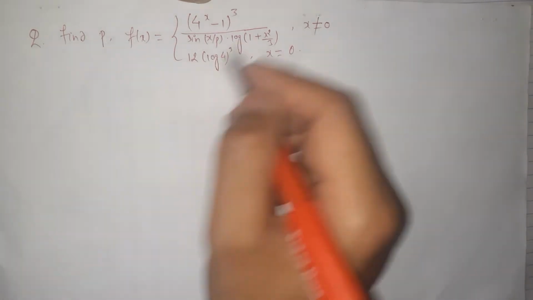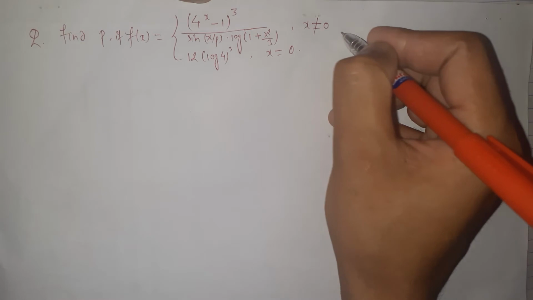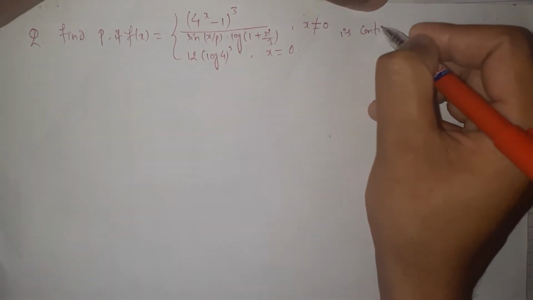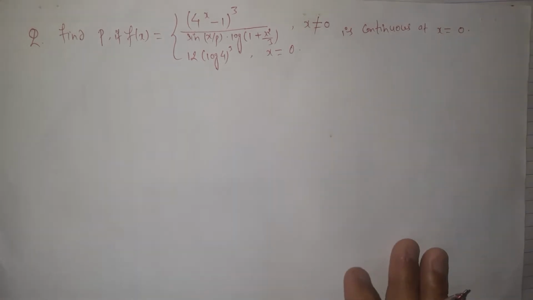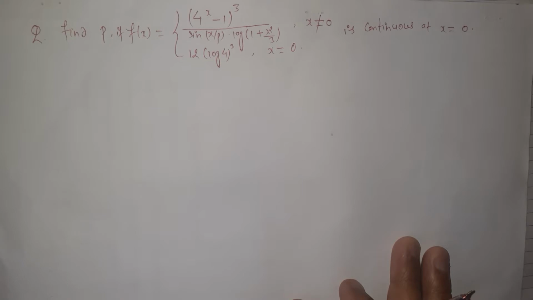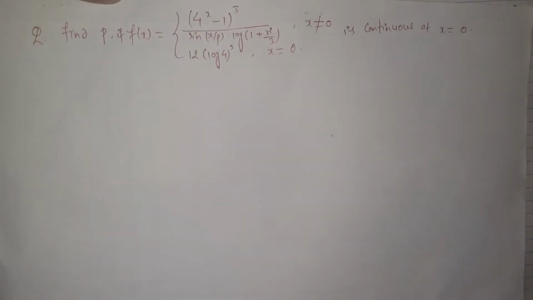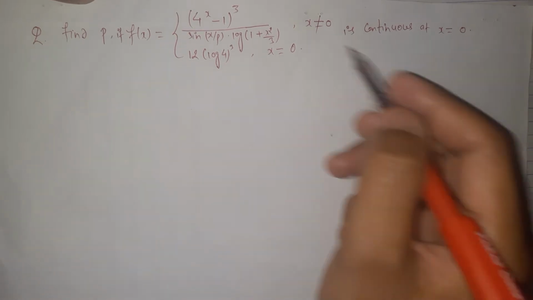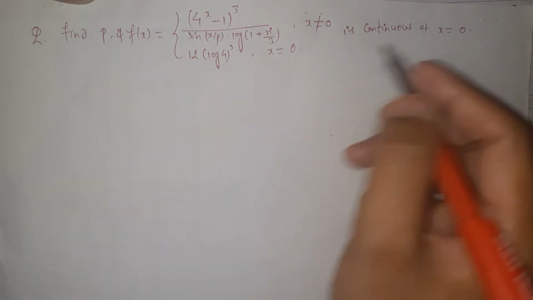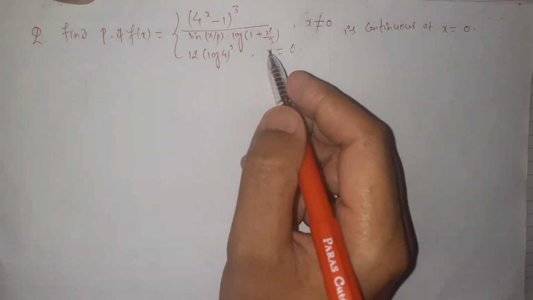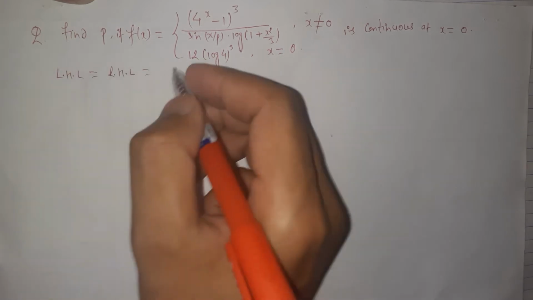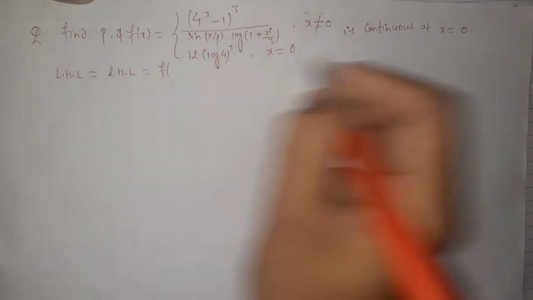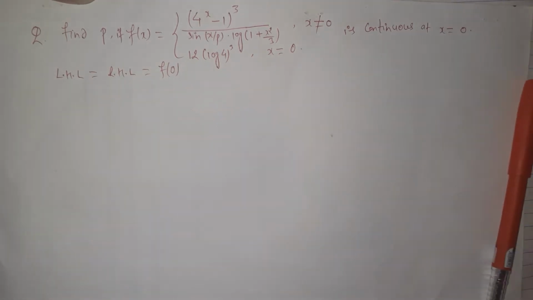The question is: find the value of p if the function f of x is continuous at the point x equals 0. Let's solve this problem by using the concept of continuity of a function at a point. Given that f of x is continuous at x equals 0, the left hand limit should be equal to the right hand limit, and these two should be equal to the function value at that point, f of 0.